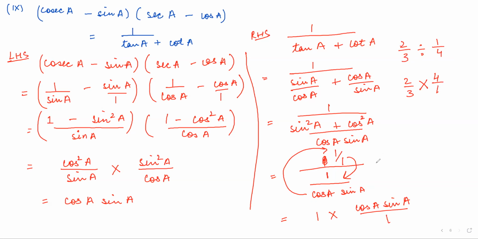So after this step, it is actually 1 upon 1 divided by 1 upon cos A sin A. So basically it will become 1 multiplied by the reciprocal of the denominator. Correct? I hope you have understood. So this is equal to cos A into sin A. So your LHS is equal to RHS.